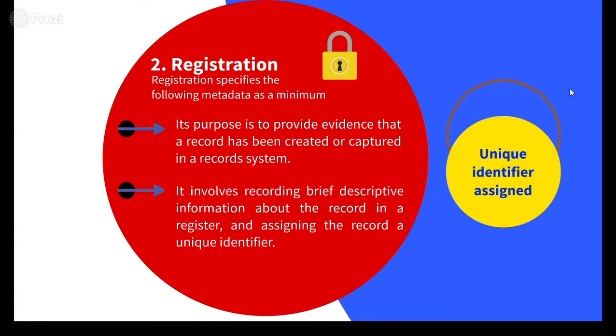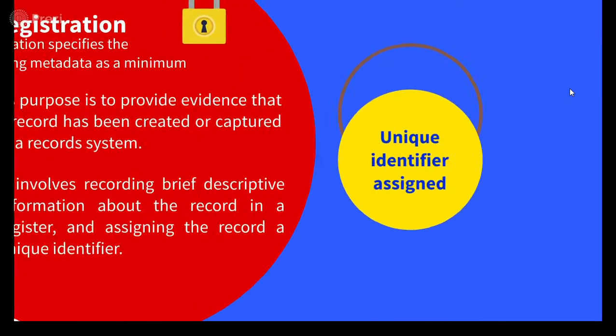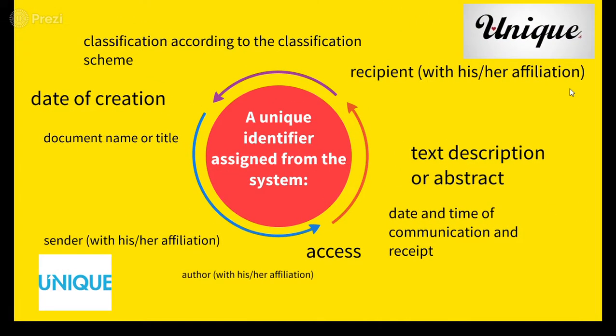What is a unique identifier? It is assigned from the system, with recipient, text description or abstract, date and time of communication and receipt, access, author, sender, document name or title, date of creation, and classification according to the classification scheme.